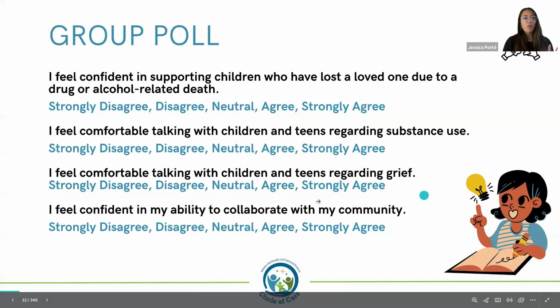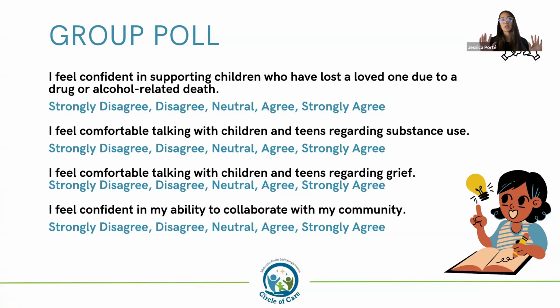And so we have one more poll that I shifted up, Zach, and then you'll have a pre and post to this. So this is just to measure, did this help? If you can come in from the beginning and just answer these all honestly, 4 easy questions. They are: I feel confident in supporting children who have lost a loved one due to a drug or alcohol related death.